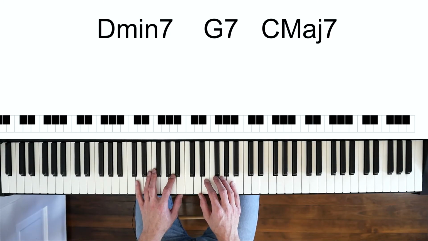For today's theory exercise, we're going to take a look at this exercise in three different keys. We're going to work on it in the key of C, the key of G, and the key of D. We'll go ahead and start with our C major.